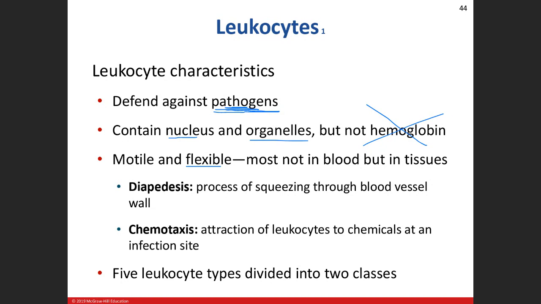Motile means mobile, okay? So there are two terms that you need to understand when we're talking about our white blood cells. One is diapedesis, and that's the ability for these cells to squeeze between things. Namely, the endothelium, which is the simple squamous epithelium that lines lymphatic vessels and your blood vessels.